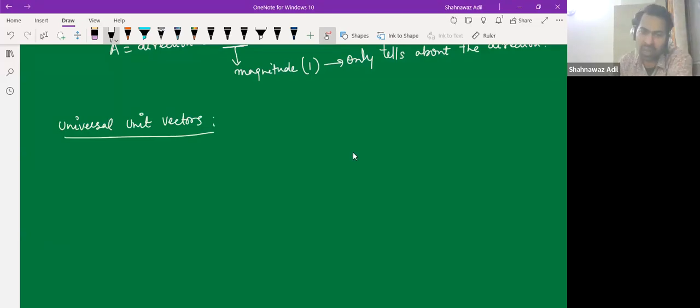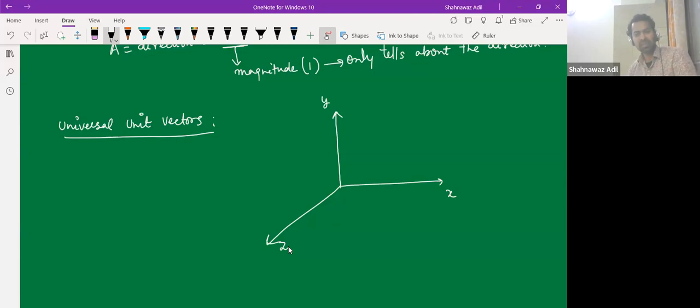So let's say we have a three-dimensional object. This is X, this is Y, and this is Z. If we move one unit in the X direction, that unit vector is represented by I hat. Then let's say we move 5 units in the X direction, so that would be 5I hat.